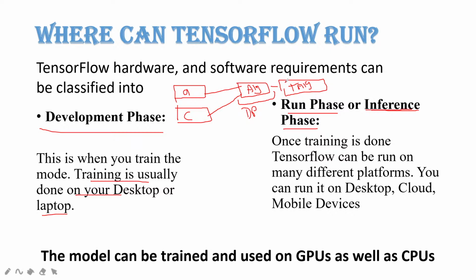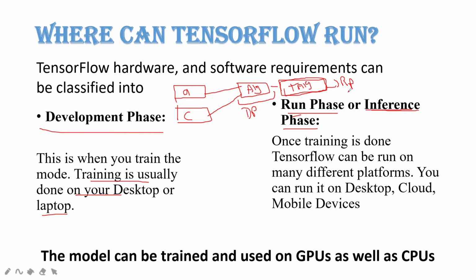If you save this trained algorithm as a file, such as a pickle file or h5 file, that file can run on any platform, whether it's Mac OS, Windows OS or any other platform. That is called the run phase, also the deployment phase.